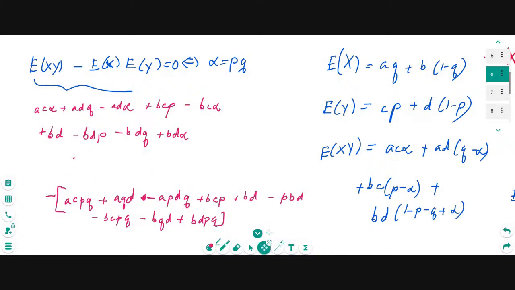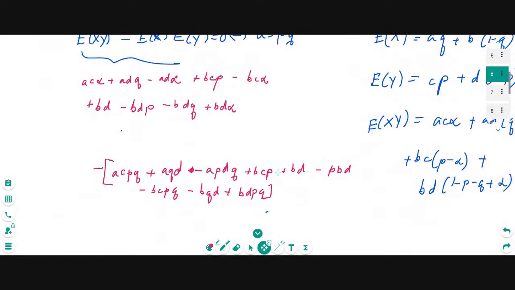So we have this now. Let's see whether there are some cancellations or not. There must be some cancellations. It's a natural way. Minus ACPQ minus AQD plus APDQ plus BCP plus BD minus BPD.